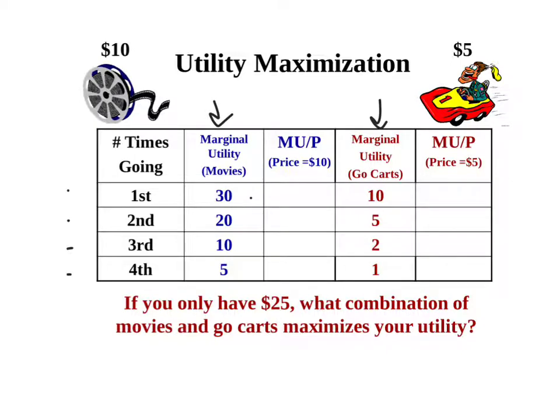The thing that we have to keep in mind is that in order to make this a fair comparison, we also have to consider price, okay? The price matters a lot because our utility, or our preference for the product, doesn't necessarily change. If I hate go-karting, I'm still going to hate go-karting regardless of what the price is.